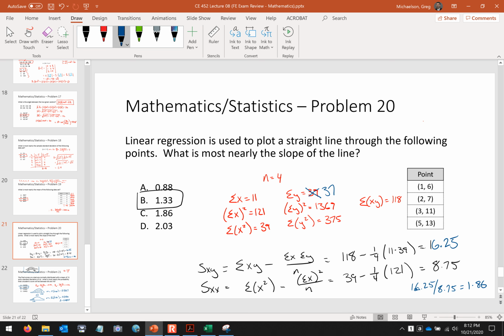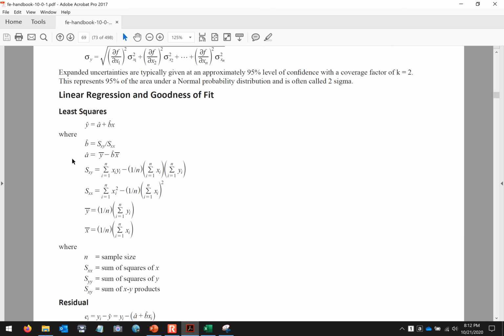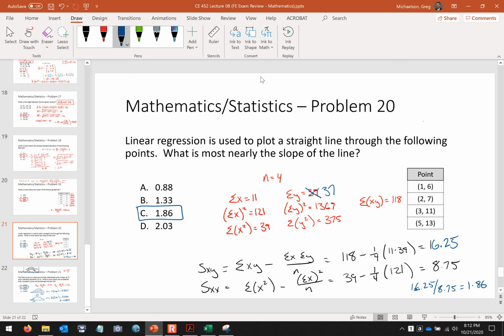So it was just a minor calculation error. I had that written as 39, but it was 37. Ultimately, what you're doing is taking the SXY over the SSX and just plugging your values in and chugging it out. Isn't really too bad.